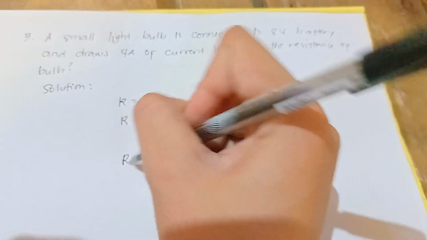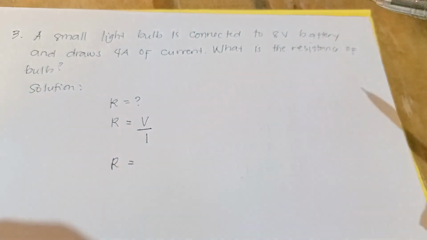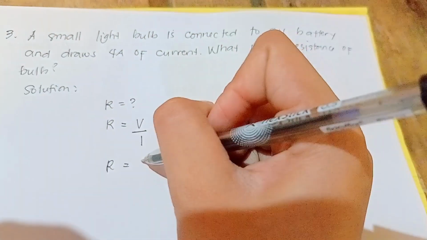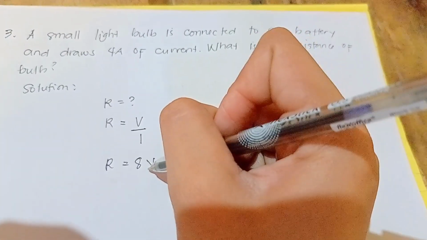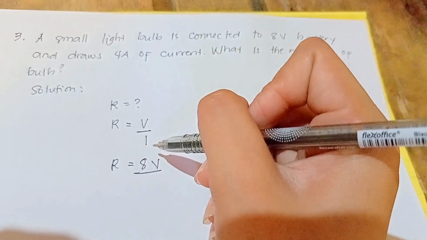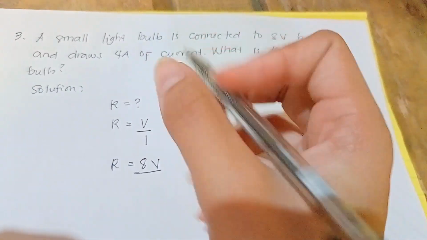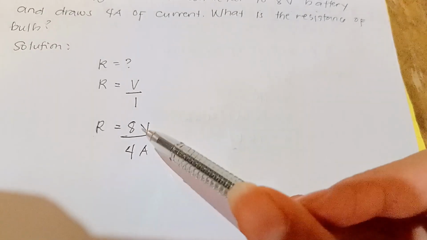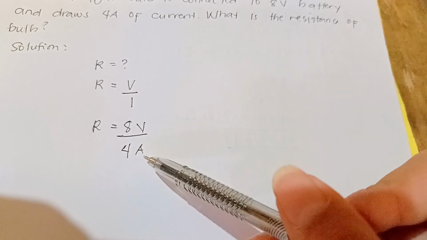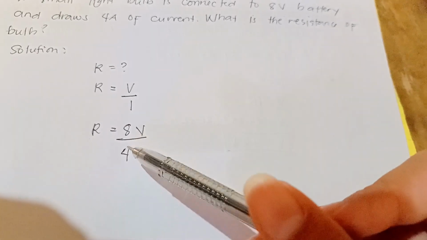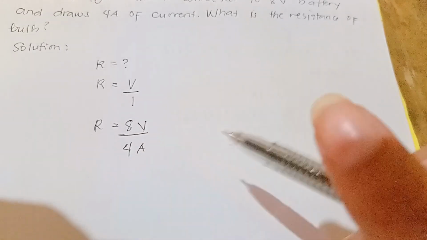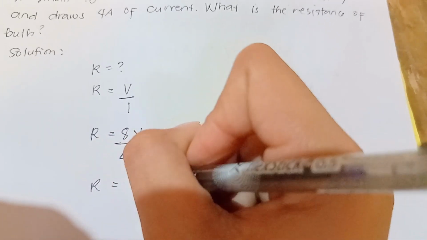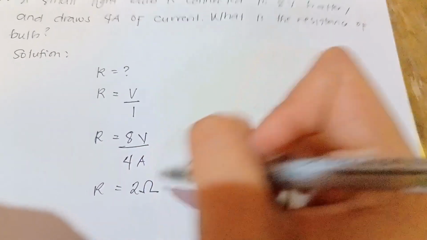So R is equal to, the volt here is 8, so 8 volts divided by, and the current here is 4 ampere. You need to divide the 8 volts by 4 ampere. So 8 divided by 4 is equal to 2. So resistance is equal to 2 ohms.